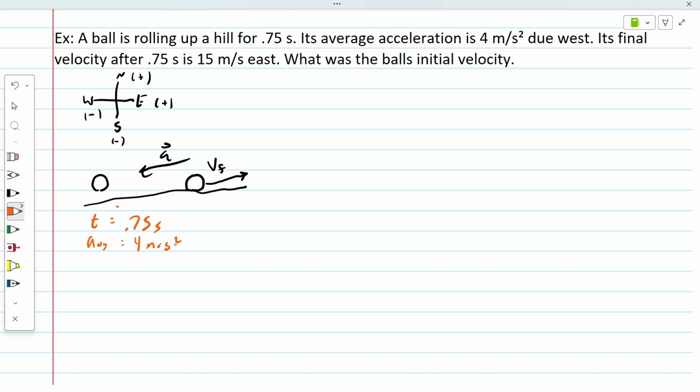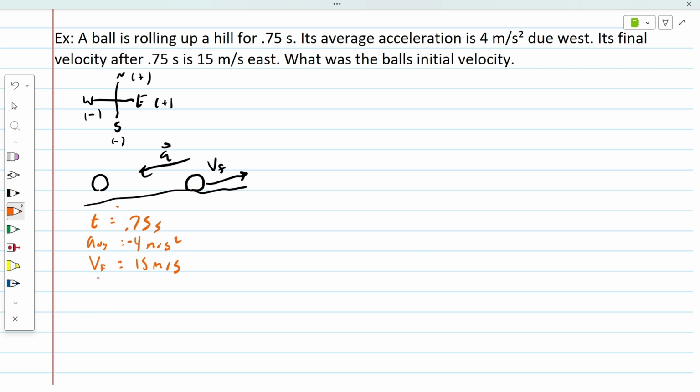And this is due west, so we'll give this a negative 4 meters per second squared. And we also know the final velocity. We'll write it as VF, and that is 15 meters per second. And that's east, so we'll say positive.